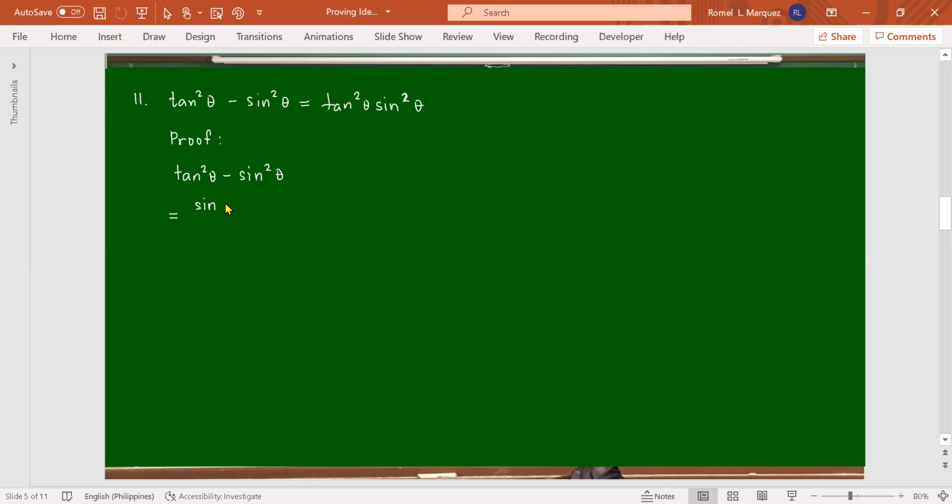So let's try sine squared theta. Then if this will not work, well, then we can change this, no? Let's see what will happen if we change this to this form. Okay, guys?